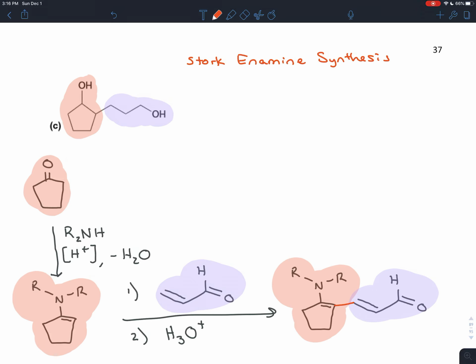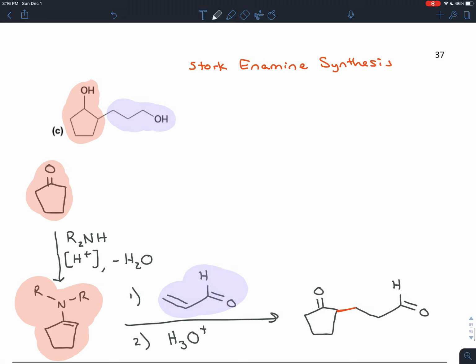So you end up forming a new bond between these. Now when that happens, this bond goes away, and after you treat it with hydronium, it hydrolyzes the enamine and gives you back the ketone. Now that's a vastly simplified version of that mechanism, but we did discuss that in detail in a previous video.